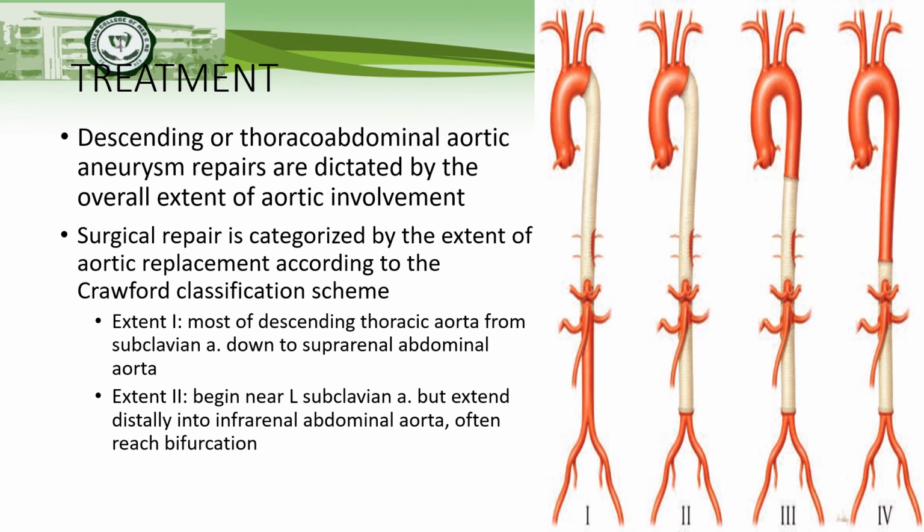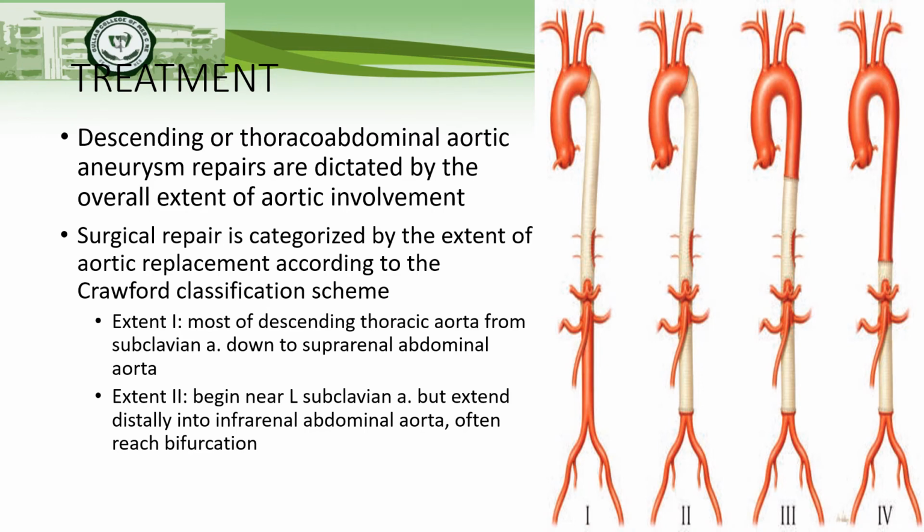So for the descending or the thoracoabdominal aortic aneurysm repairs, again, they are also dictated by the overall extent of the aortic involvement. So surgical repair for these kinds of aneurysms is categorized by the extent of aortic replacement according to the Crawford classification scheme.